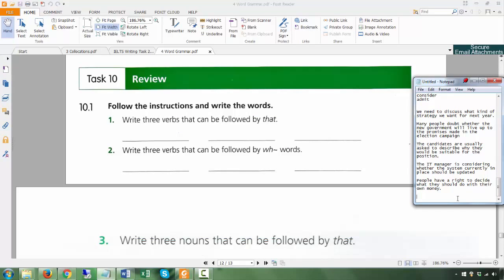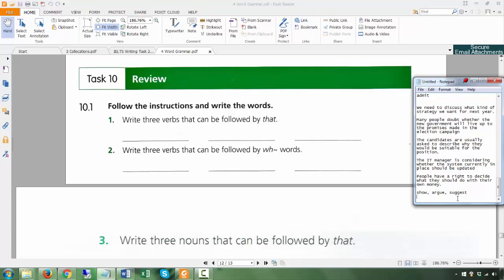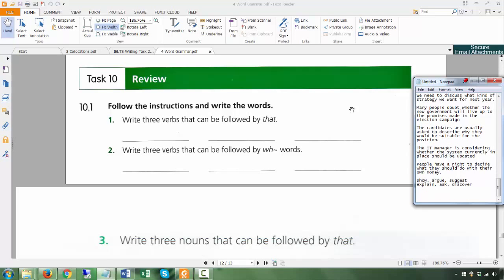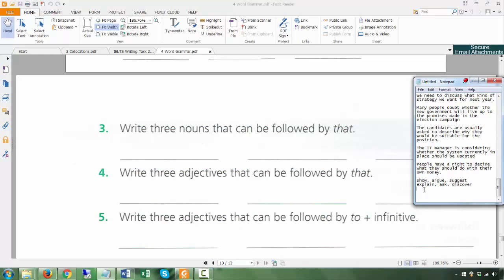3 verbs that can be followed by that. There are many verbs here, but from this chapter: show, argue, suggest. 3 verbs that can be followed by WH, we just went through that: explain, ask, discover. 3 nouns that can be followed by that, right in the beginning of the chapter: evidence, suggestion, theory. 3 adjectives that can be followed by that: clear, possible, likely.